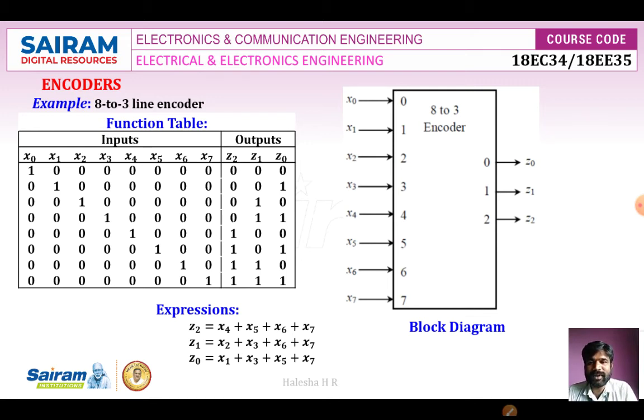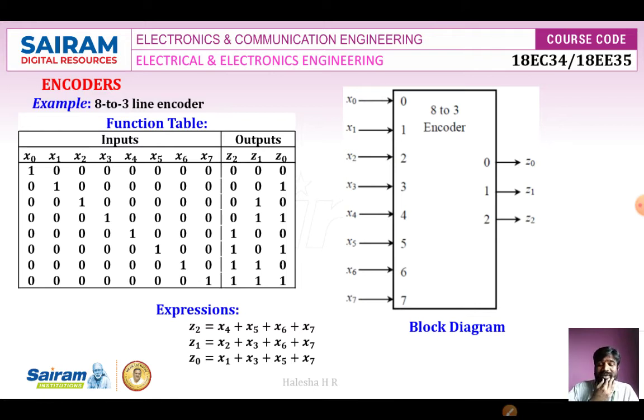Observe the Z2 column. Z2 is 1 when x4 is 1, when x5 is 1, when x6 is 1, and when x7 is 1. So the expression for Z2 is x4 plus x5 plus x6 plus x7.